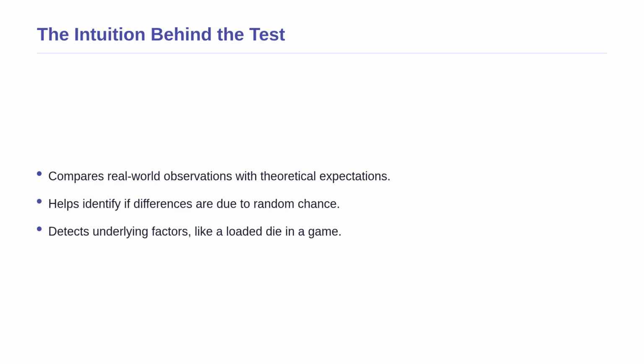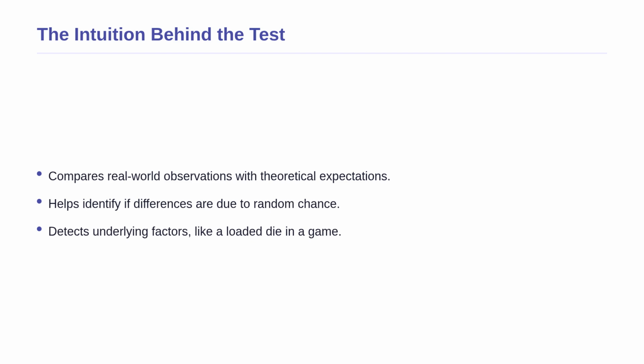Before we look at the math, let us build our intuition. Imagine you are playing a board game with a friend, and they roll a six-sided die. You expect every number to appear roughly the same amount of times. But suddenly, your friend rolls a 6 over and over again. You start to suspect the die is loaded.